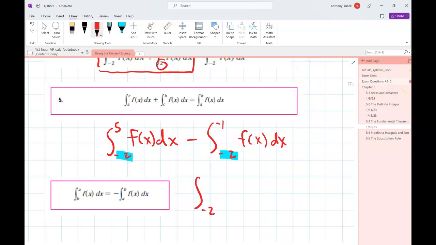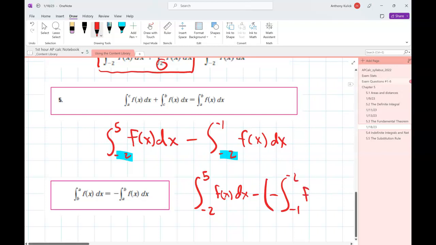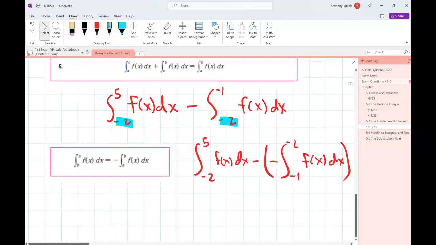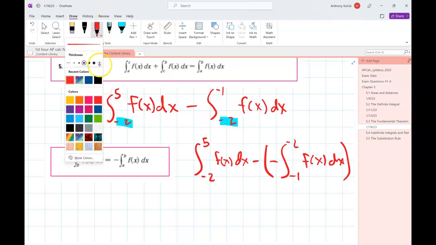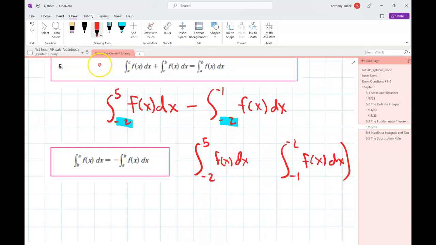So I'm still going to have this one, and I have my f of x dx. I have my minus sign, and then I'm going to make it negative, from -1 to -2 of f of x dx. Everybody's okay there? Now, the negative of a negative makes this a plus.